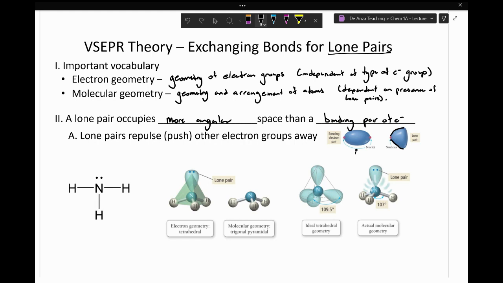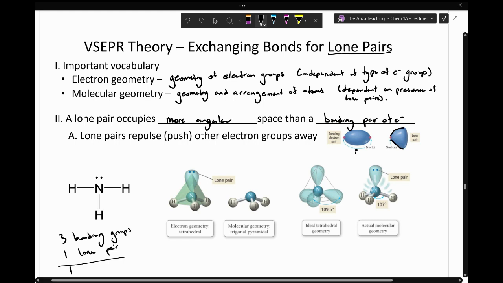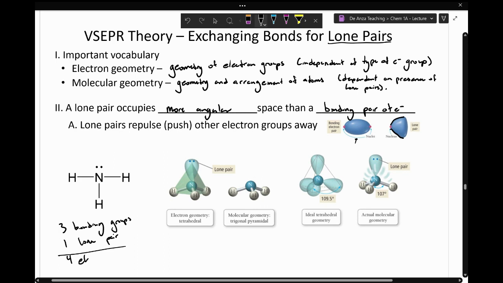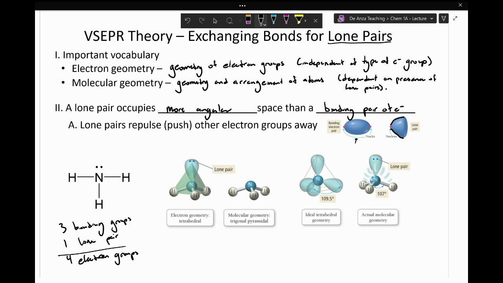And so because it occupies a much larger space, it tends to push those bonding groups away. And so if we look at something like NH3, and we look at its electron geometry, so how each of the electron groups are oriented relative to each other, we have 3 bonding groups and 1 lone pair. And so that's a total of 4 electron groups. And so when we look at the electron geometry corresponding to 4 electron groups, so tetrahedral.